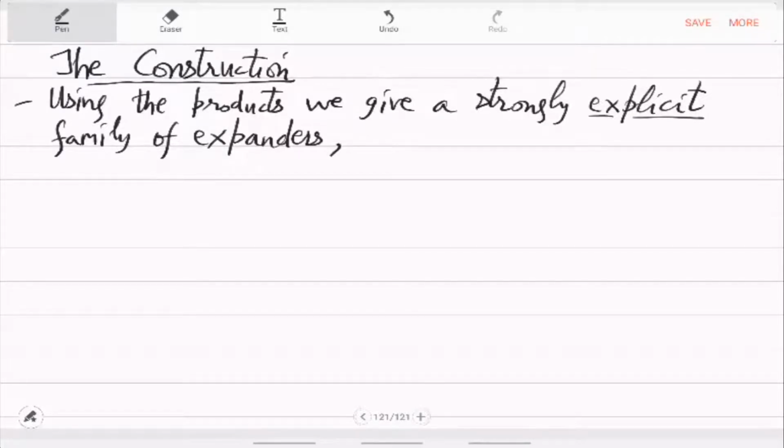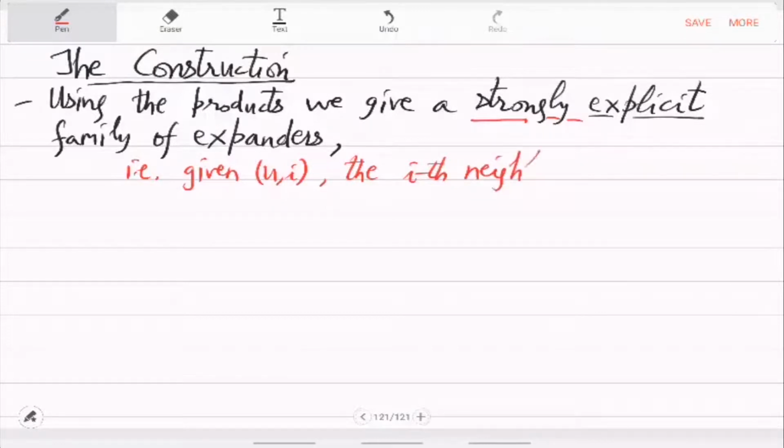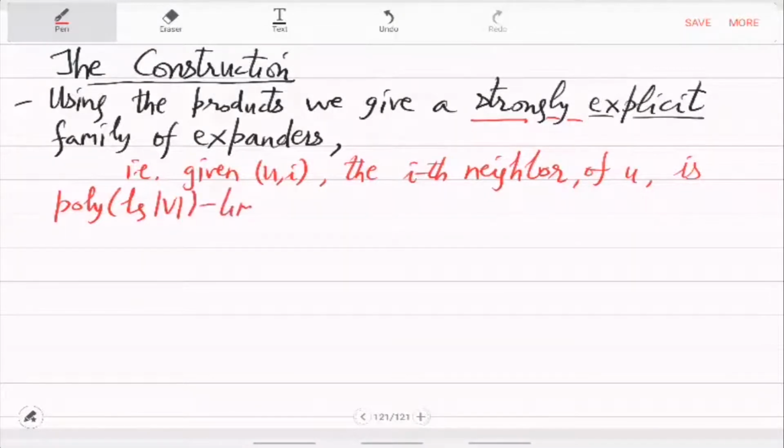Now, what is this strongly explicit business? The ith neighbor of U is polynomial in log V time computable.